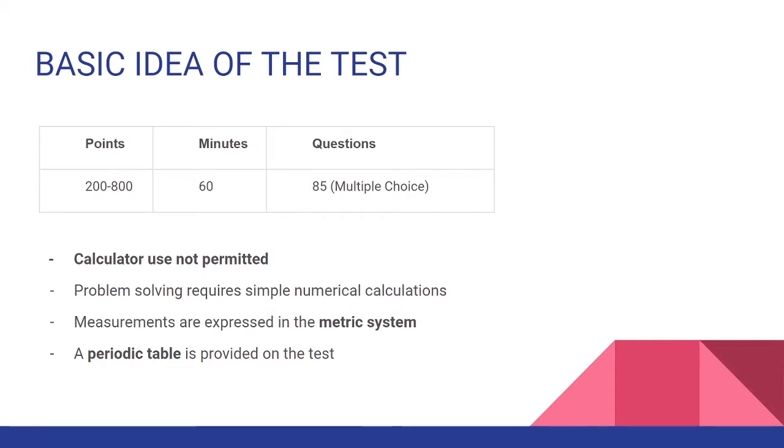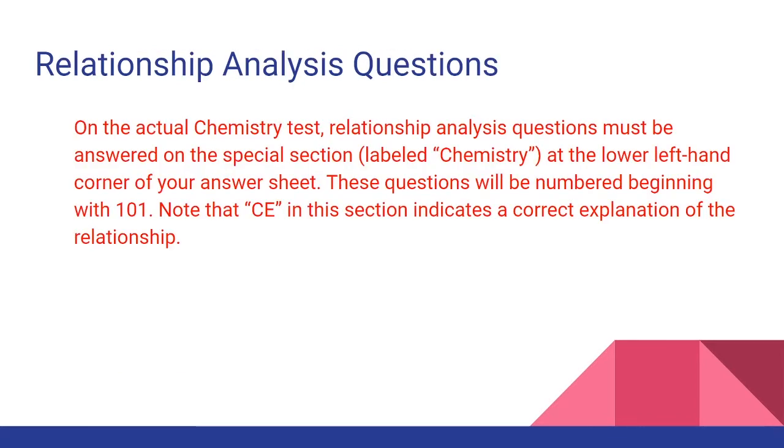The problem solving requires simple numerical calculation, so you're not going to need a calculator, but ideally you want to have some mental math skills. Measurements are in the metric system, and you'll be getting a very simple periodic table. You're not going to get any electronegativities on there or even the molar masses. You're just going to get the atomic numbers and the elements. That's it.